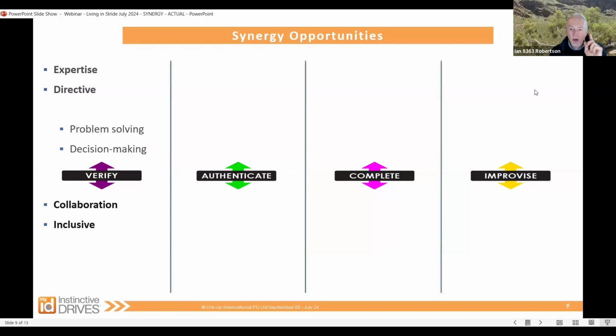What I was going to say is, as an 8 in verify, I'll go straight to the detail, more detail, more. And when I look at what the avoid verify does, it's like, let's step back, let's not die in the detail.